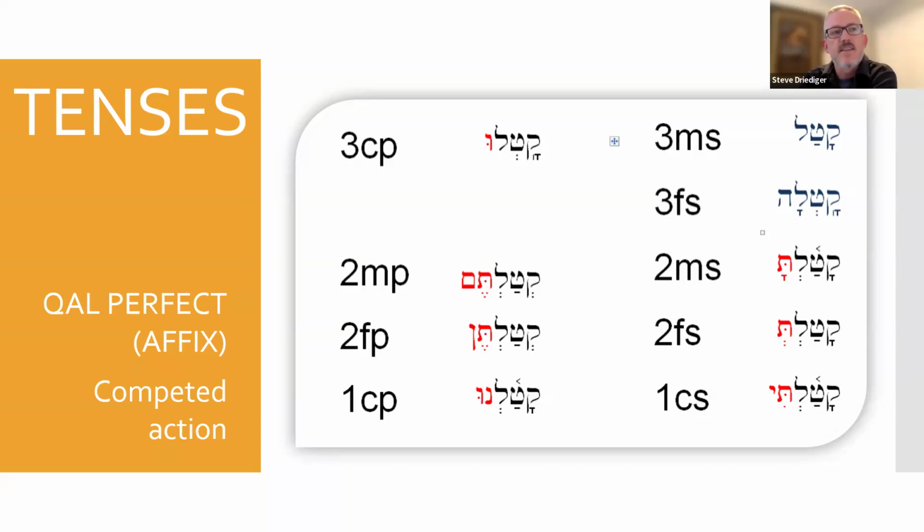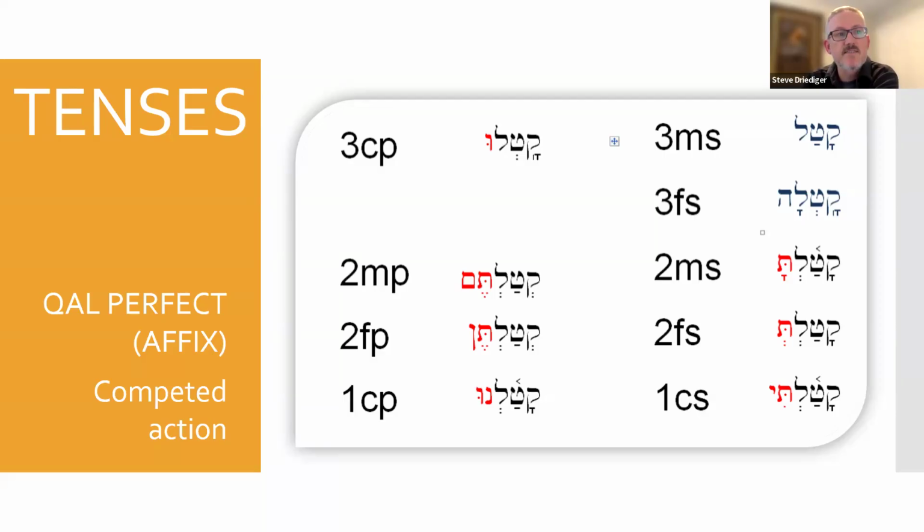That vertical line beside the qamets indicates that the qamets is functioning as a short vowel. So normally, if you saw the qamets and then the shva after it, you would say that shva must be vocal because it follows a long vowel. But in this case, because there's that little vertical line beside the qamets, it's saying, well, no, it's actually a short vowel. So the shva is silent. So that's why pronunciation there would be katla.